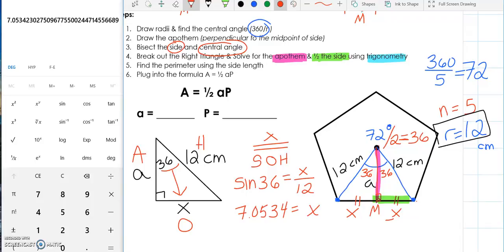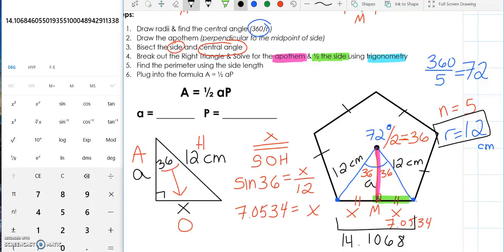All right, so I have that. Now, if this is 7.0534, I'm going to double it so that I can actually find the whole side length. So I'm going to do times 2. So my one whole side length is now 14.1068. And then I can also, if I preview step 5, find the perimeter because all of these sides should be the same.